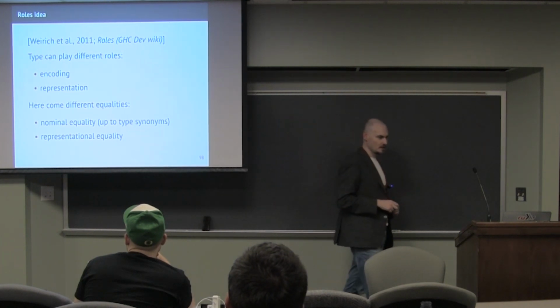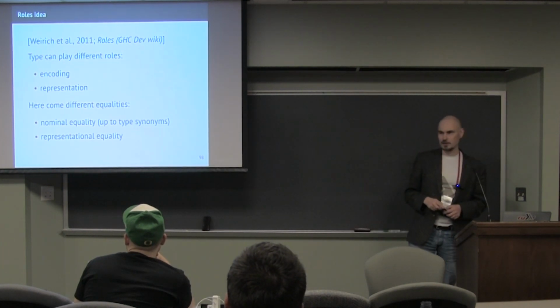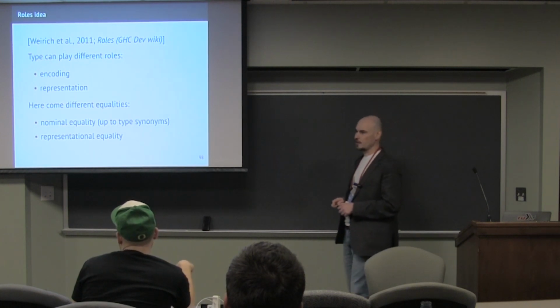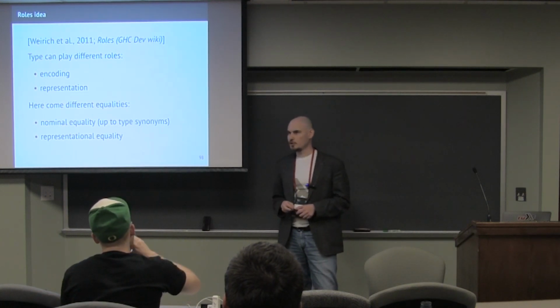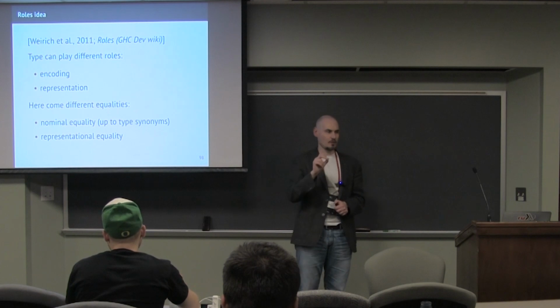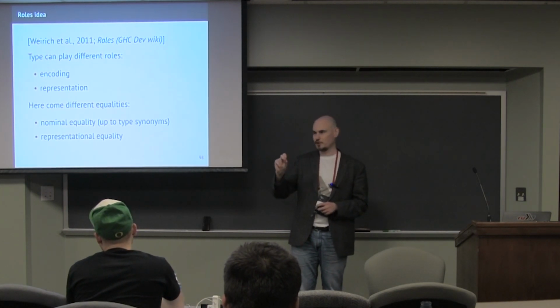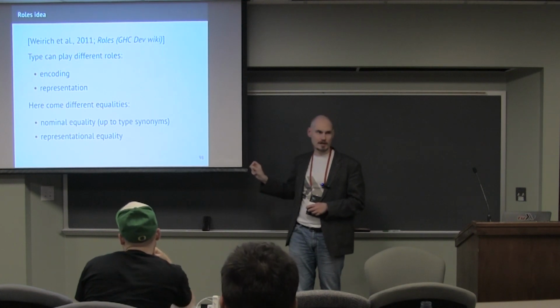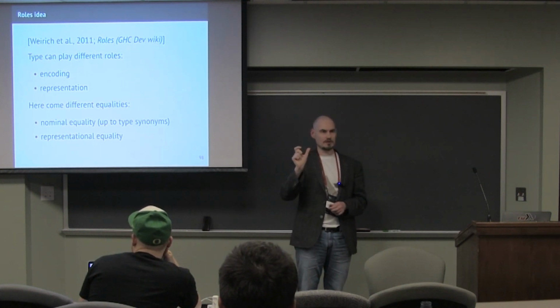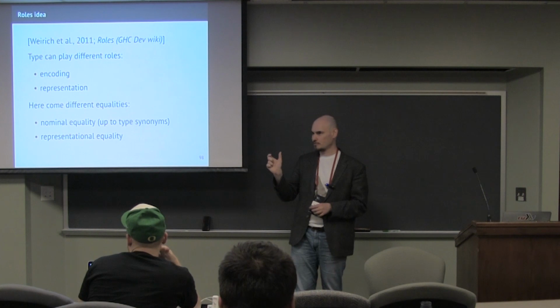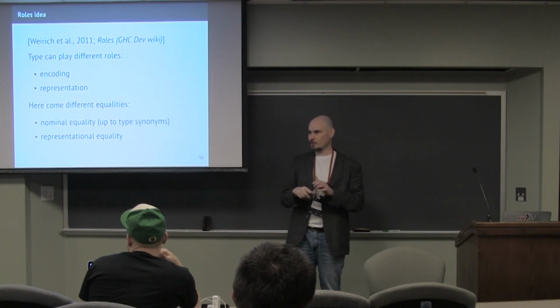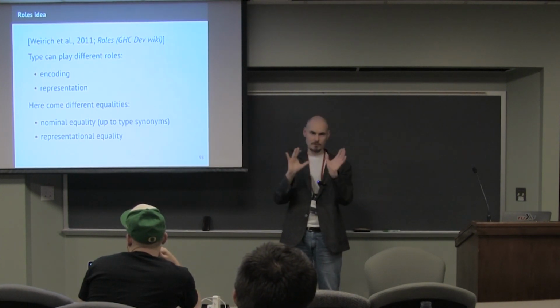Nominal equality here is just an equality which we used in Haskell forever. So it's an equality of types with respect to type synonyms, so up to type synonyms. So if you have String and list of Chars, then you can use them as the same thing. So if these two types are equal, then that's fine.